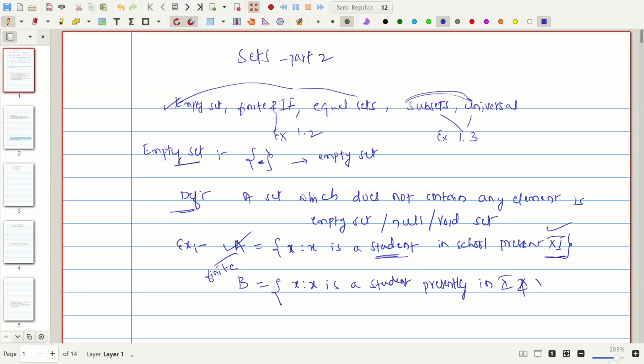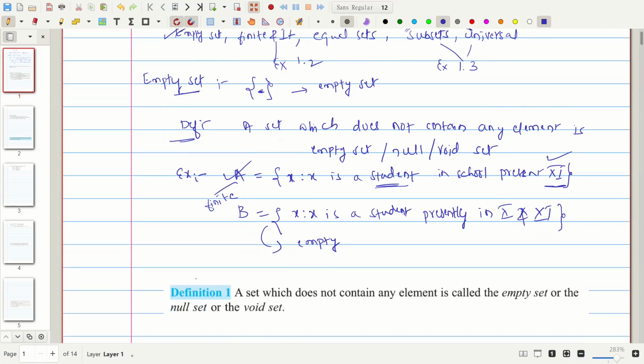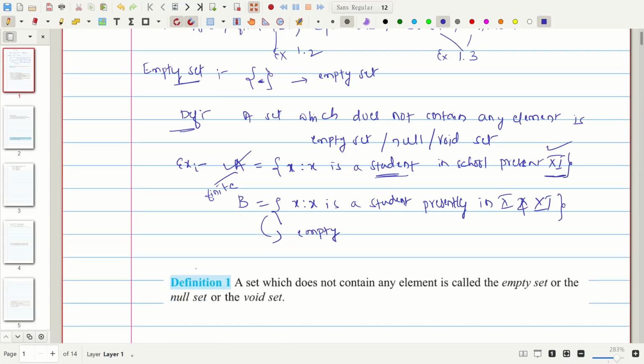Okay, 10th and 11th. So this is an empty set. The reason is, how is it possible for a student to study in both 10th and 11th classes? So the set does not contain an element. Therefore we say that this is an empty set.